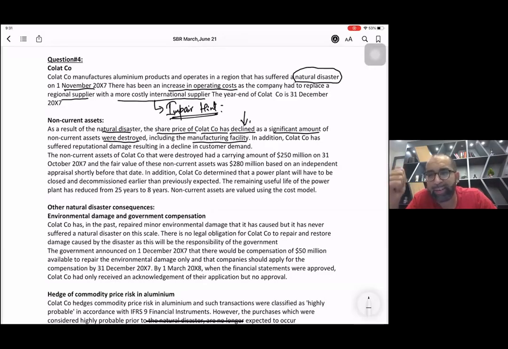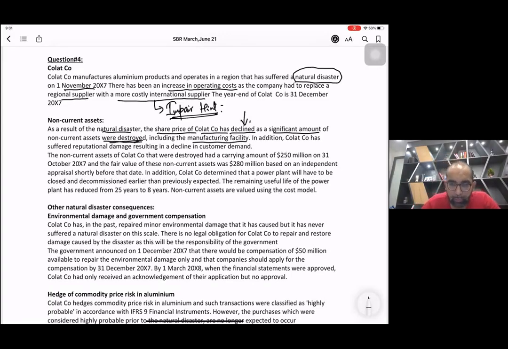That means there is something bad in your company. So again, this decline in share price is an impairment hint. So two hints I have given you. Now, the third hint is that a significant amount of non-current assets were destroyed, including the manufacturing facility. This is one more hint.